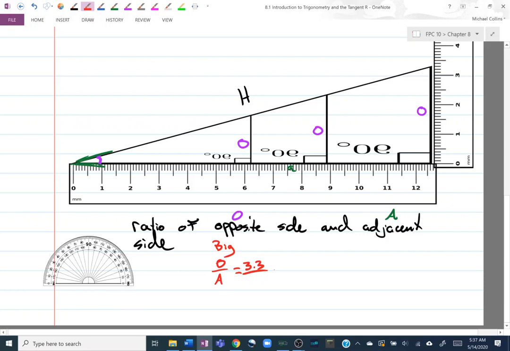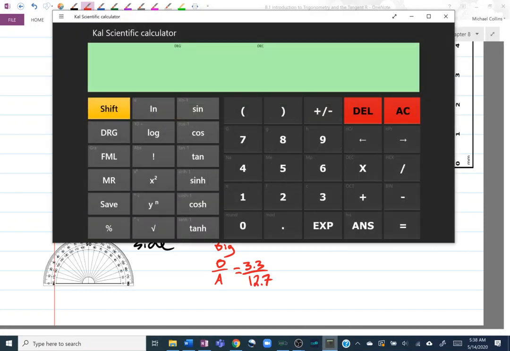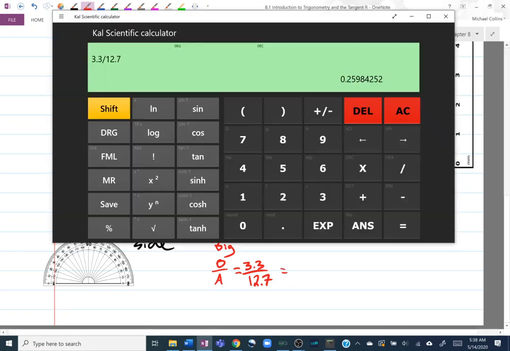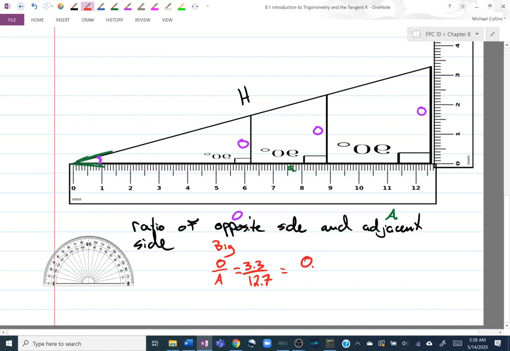And I can see that the length of my triangle is at about 12.7. If I plug that in my calculator so I get a decimal, I get 3.3 divided by 12.7, and I get about a 0.26. I'm just going to round a little bit, 0.26.